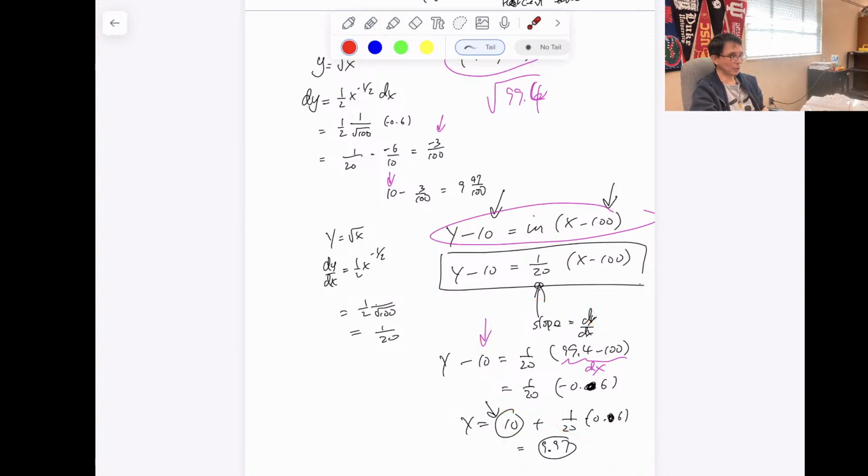Because if you use the equation of the tangent line, you actually see what happened. y minus 10 equals the slope times x minus 100, because at 100, the output is 10. Now the slope is 1 over 20. Now I can plug in here, and you're going to get this, which is the same thing as what you get here. But where does the 10 come from? You move the 10 to the other side, so it's going to be 10 minus the value, or 10 plus the value.